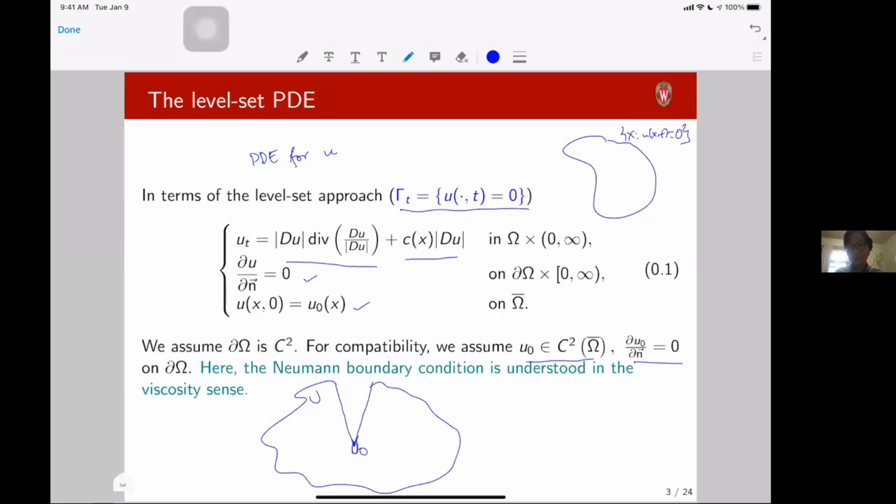And then I just look at my front at the beginning. It's just going to be part of a circle with center at the origin. Pardon my drawing, but this is my front, and clearly at the beginning the right angle condition is satisfied. And let's assume c is constant or even 0, doesn't matter.